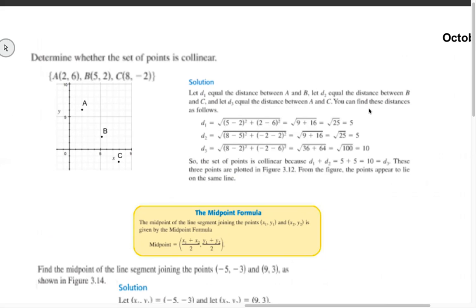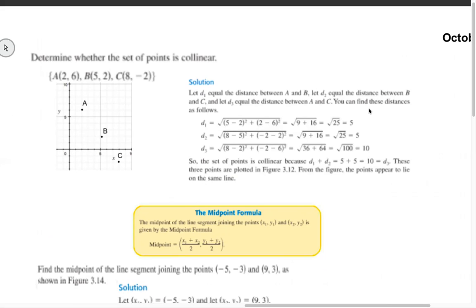I found that those 2 lines were the same. They were like y equals, let me see, it was negative 4/3 x plus like 26 over 3. That's what I found the 2 lines to be.